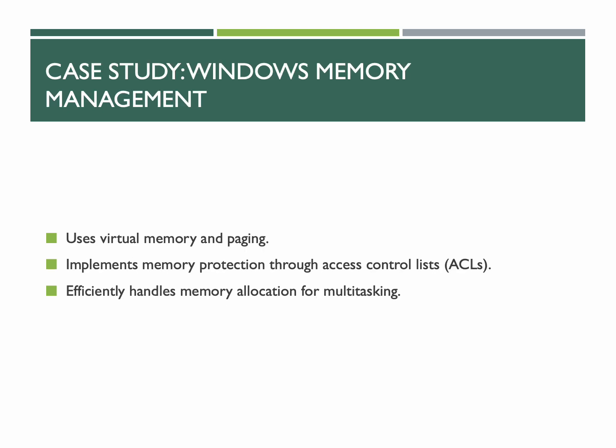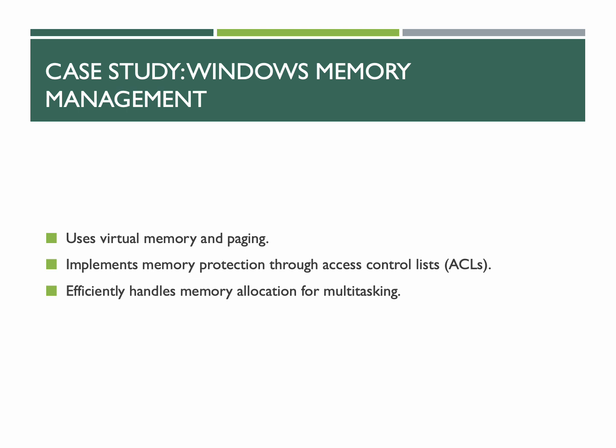Now let's see Windows memory management. So Windows uses virtual memory to extend physical memory, allowing programs larger than available RAM to execute seamlessly. Then paging ensures inactive memory pages are moved to disk, freeing up physical memory for active processes.